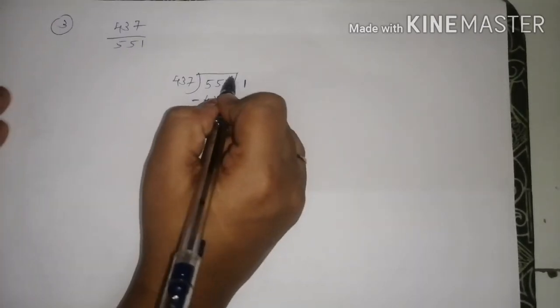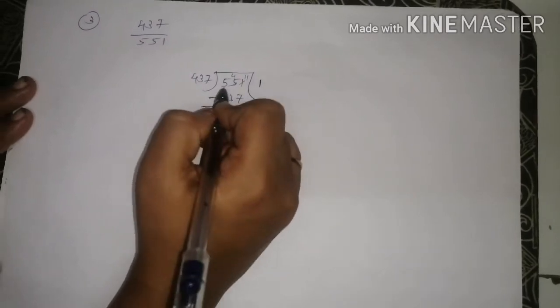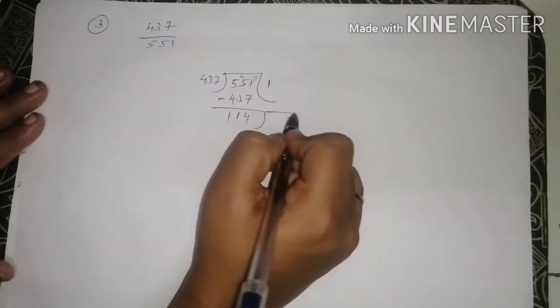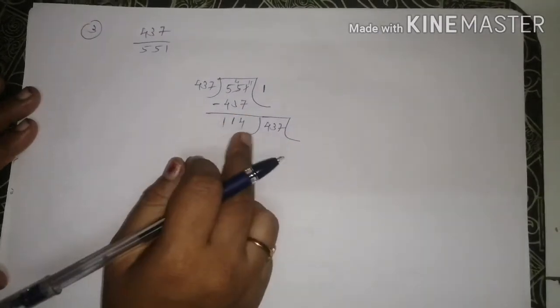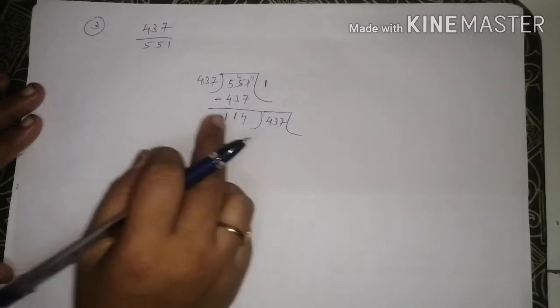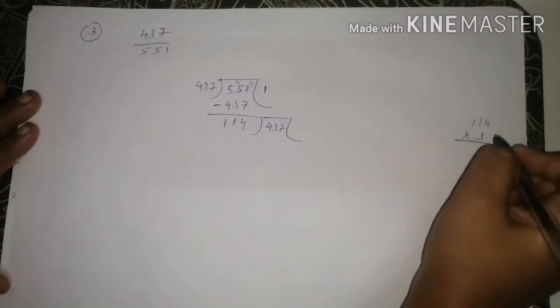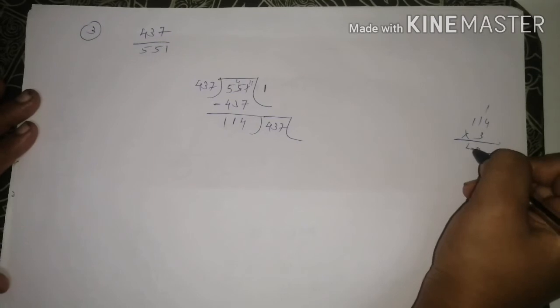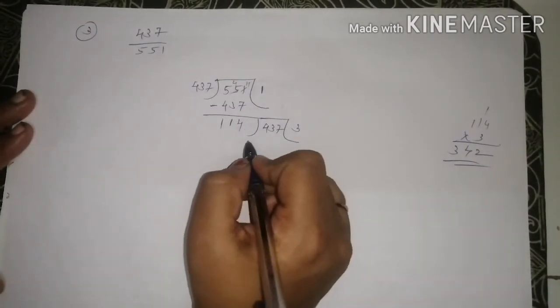So let's subtract it. 11 minus 7 will give you 4, 4 minus 3 will give you 1, 5 minus 4 is 1. Second divisor will be this only, 437. The nearest number in the 114 table is 114 threes: 3 fours are 12, 3 ones are 3 and 1 is 4, 342. So this will be the nearest.